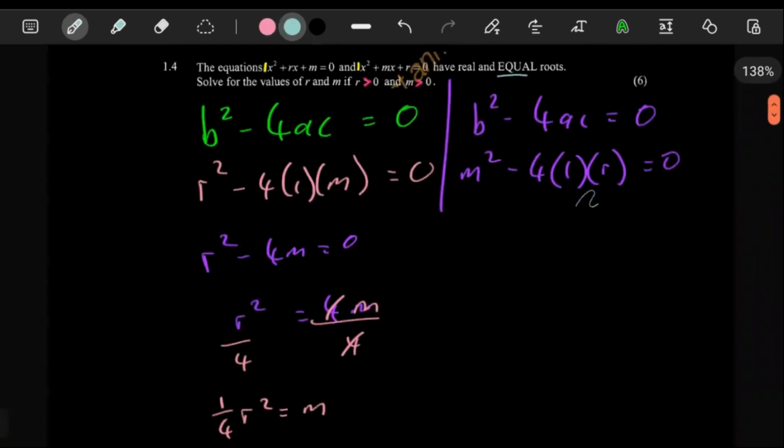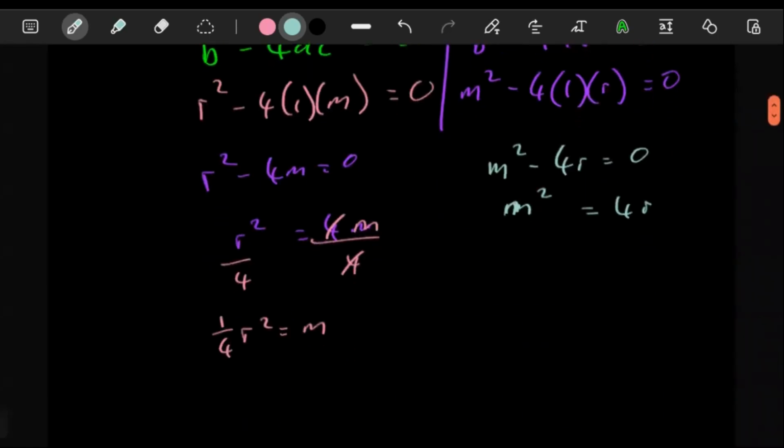Now for the second one, this is equal to m squared minus 4r equal to 0, so m squared is equal to 4r. Now if we have said that m is this value, we can just take this whole thing and throw it in there.